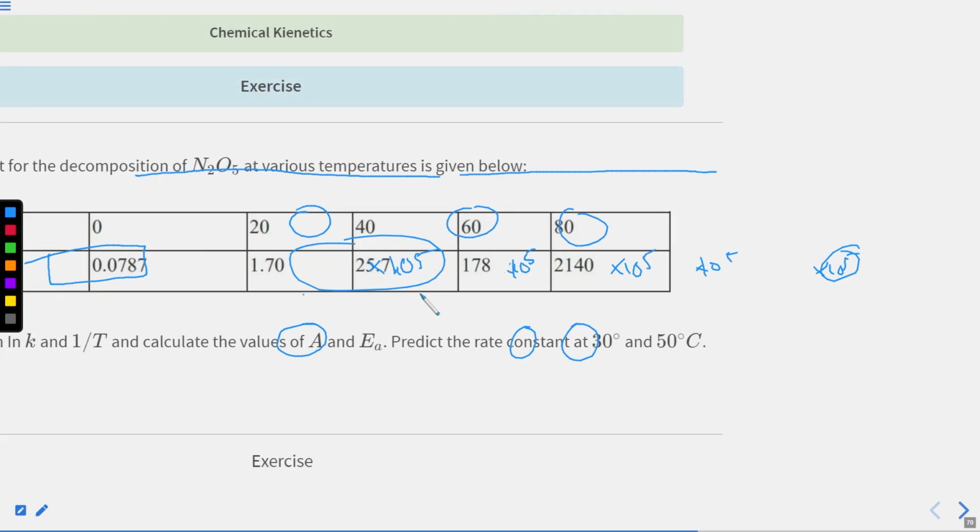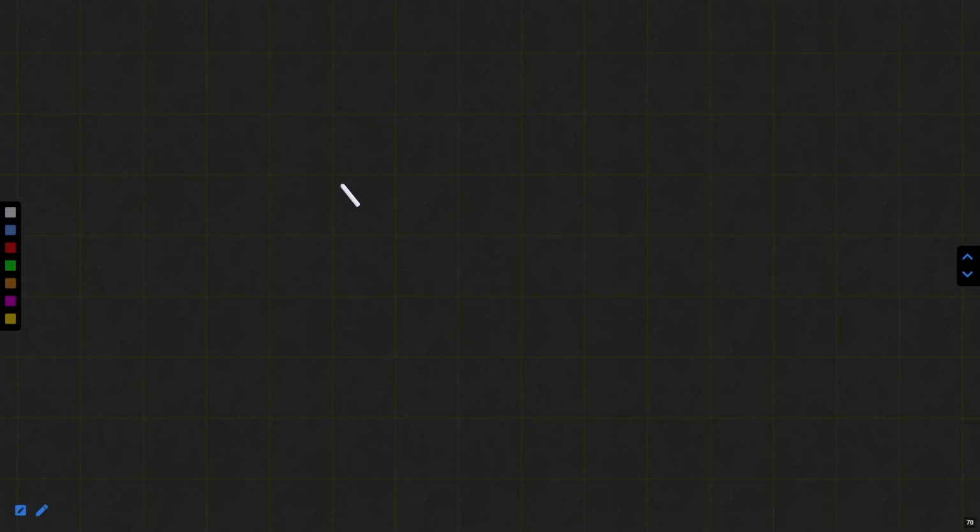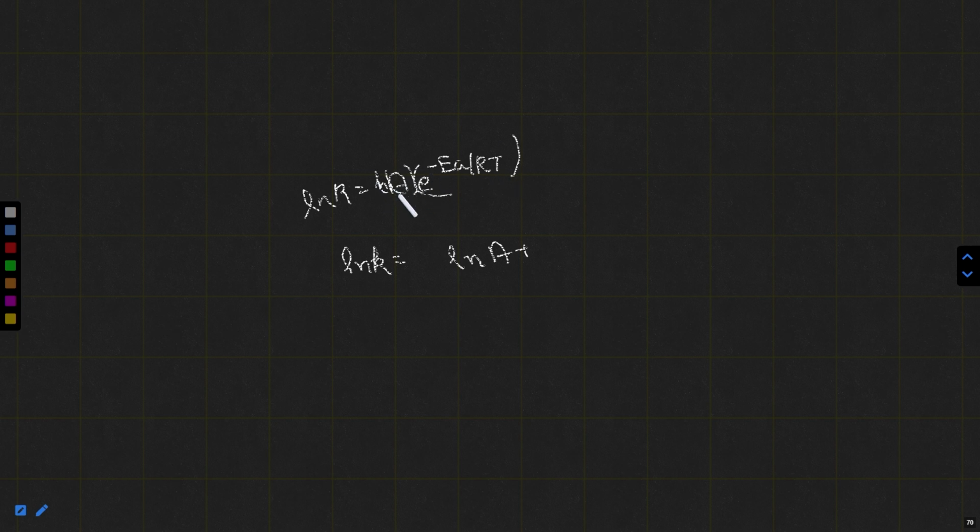Now what is being asked in the question is important. We have to calculate the value of A. How will you calculate the value of A? We know the formula: K is equal to A e to the power minus EA by RT.